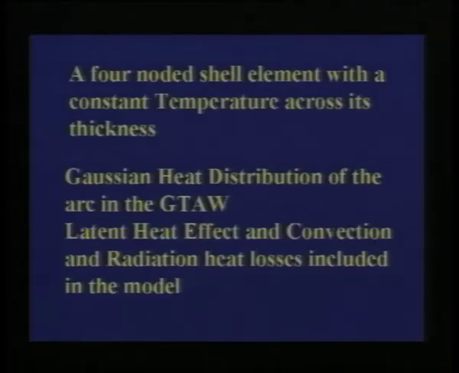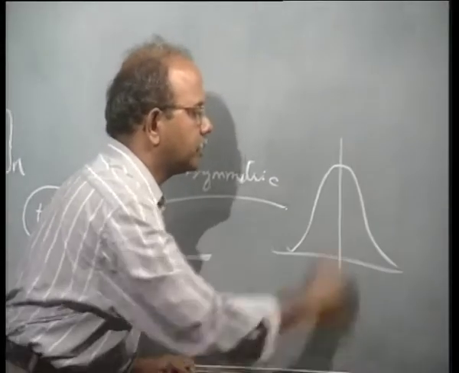But before that, a Gaussian heat distribution for the welding process has been put. So in other words, when you weld, we give a heat input. The heat input can be given in such a fashion that it can be distributed something like this about a center.